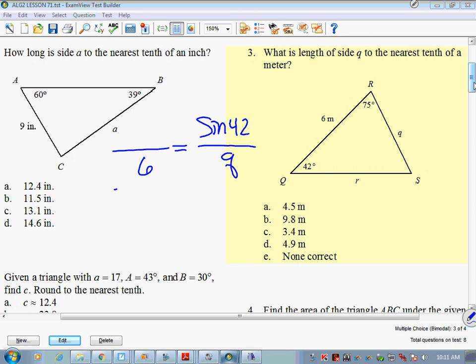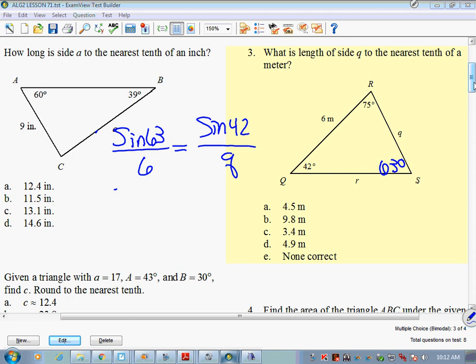Why don't you tell me what 180 minus the sum of 75 and 42 is? 63. We should get 63 degrees here. All right, so what's going to go on top? Sine 63.